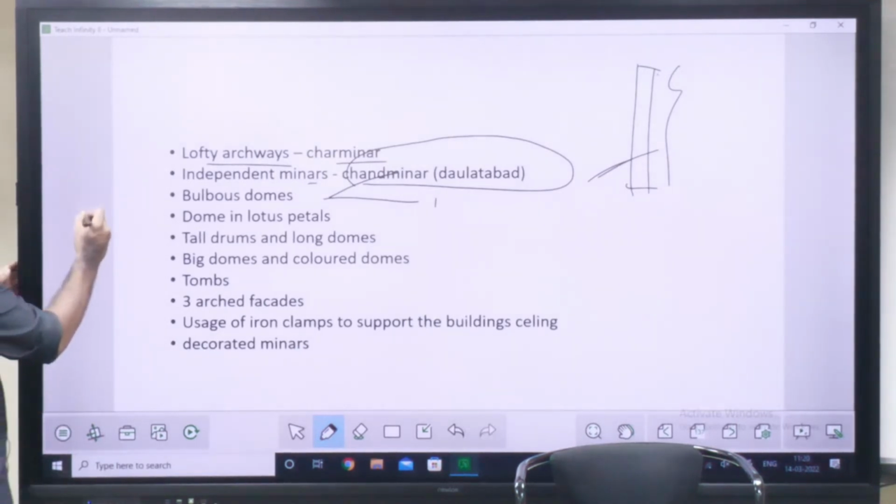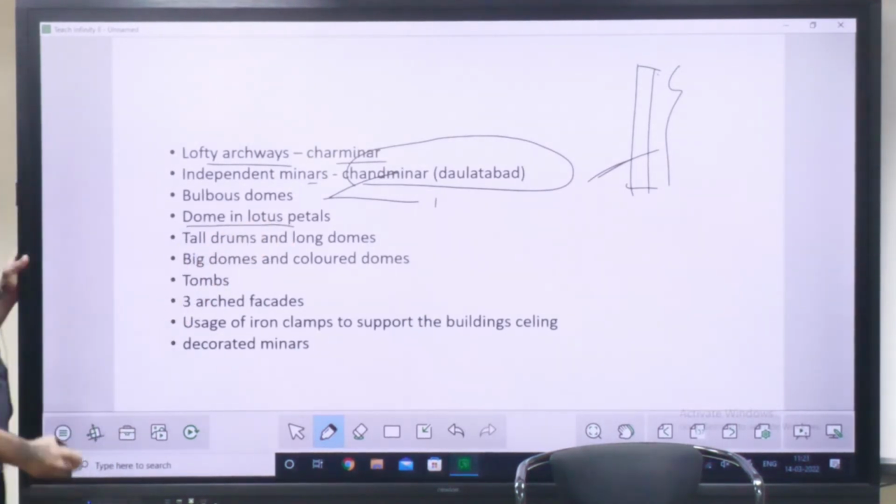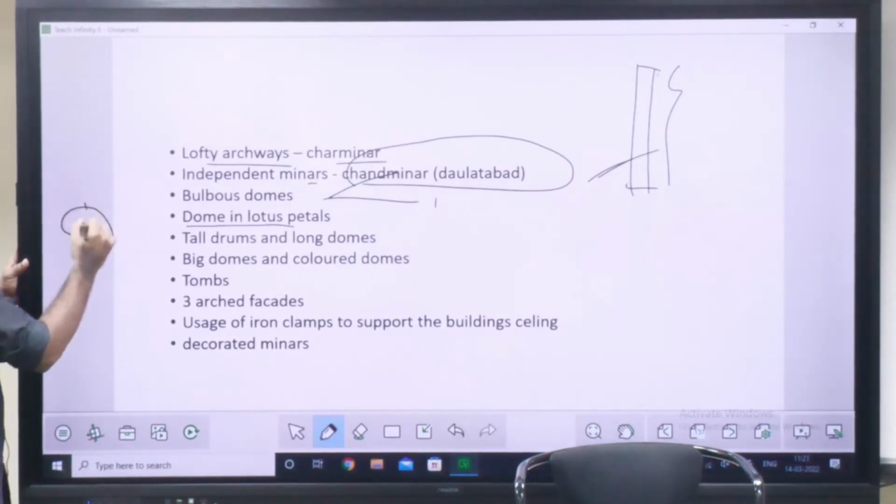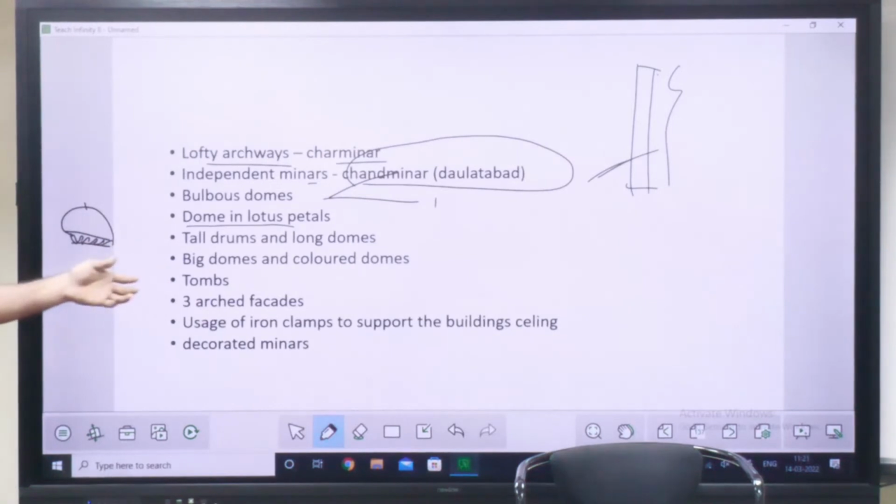Then I told you about this dome in lotus petals. The drum will be converted into an open lotus structure this way, and on top of it the dome will be constructed. A very poor drawing, but I think you got the idea. So, lotus petals based drum structure.